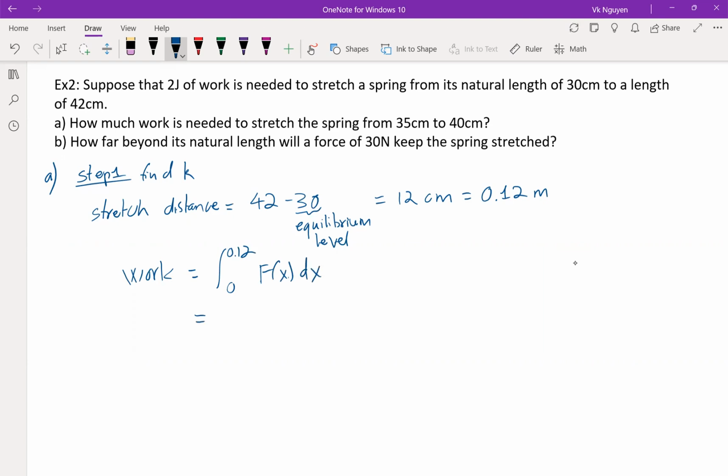The work is 2 joules, so 2 equals the integral from 0 to 0.12 of kx dx. We can solve this for k. 2 is k times x squared over 2, evaluated from 0 to 0.12.